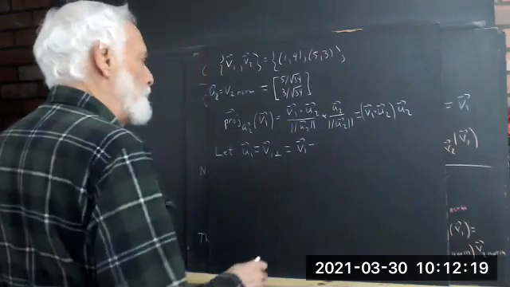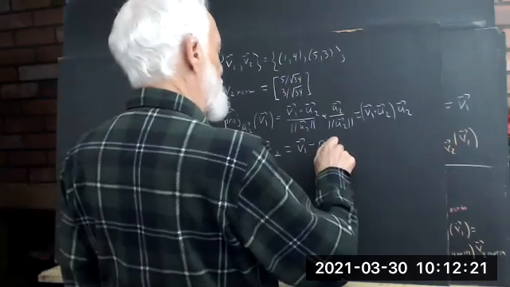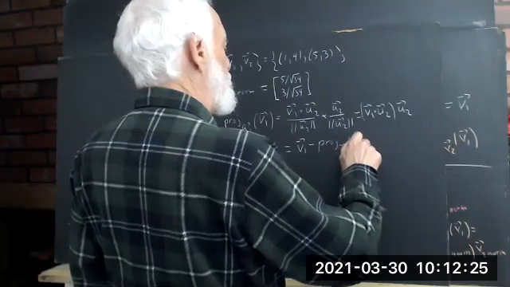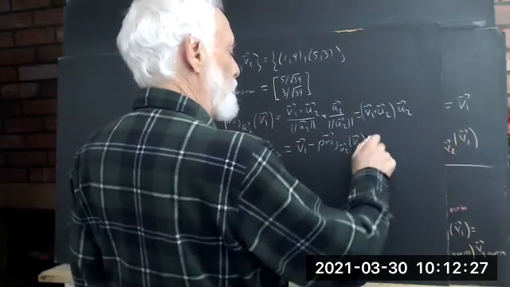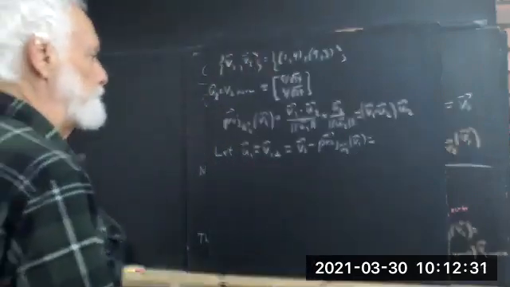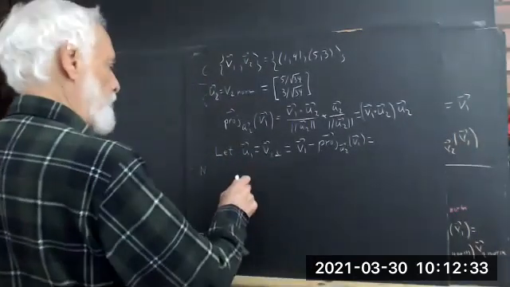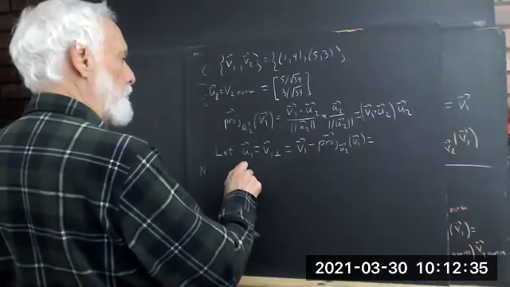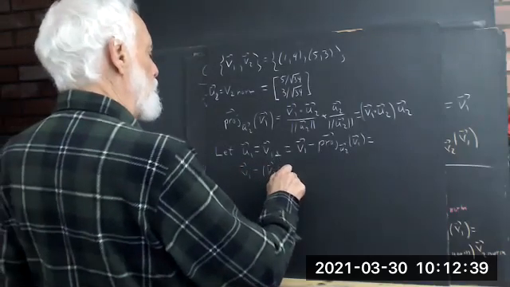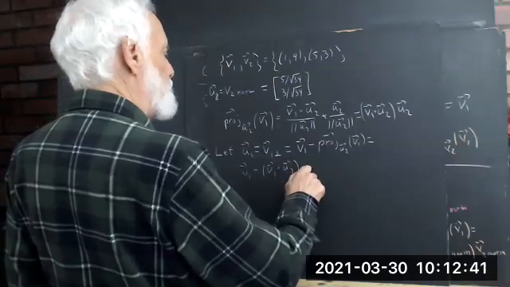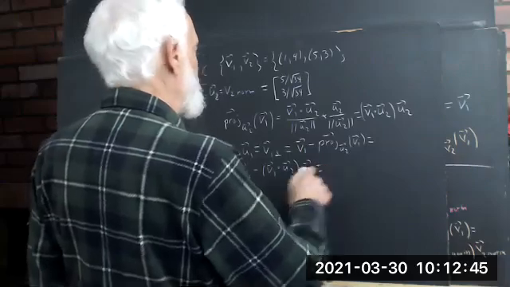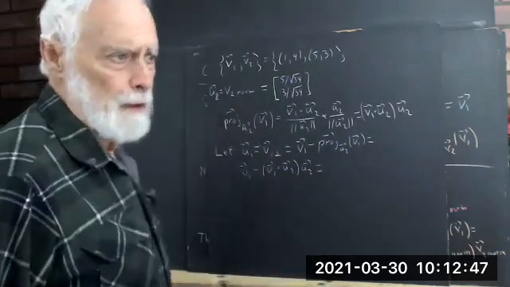It's V1 minus the projection of V1 onto U2, which is, write it down here, V1 minus V1 dot U2, U2. And now we can just take our coordinates and calculate it.